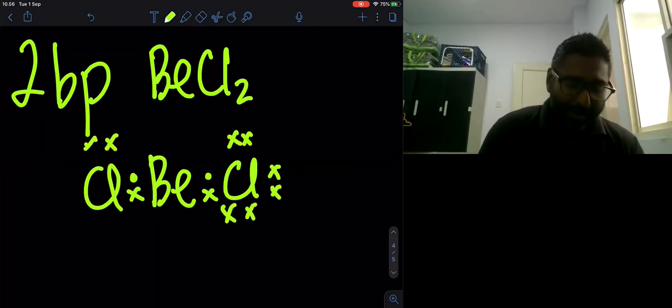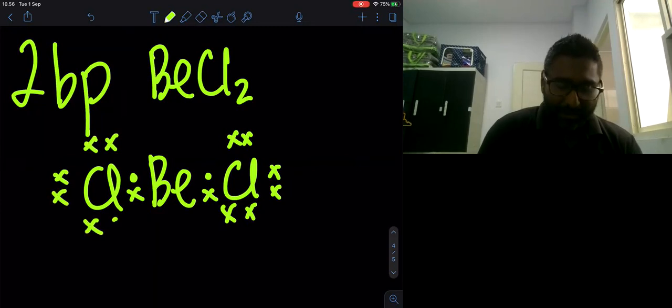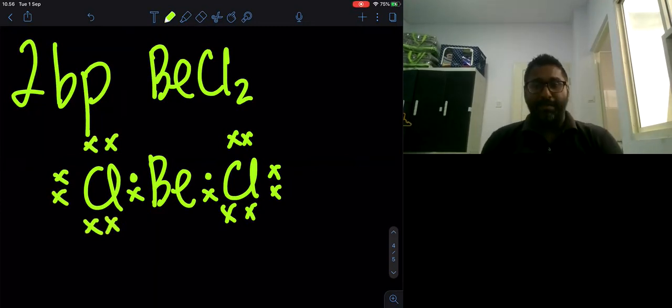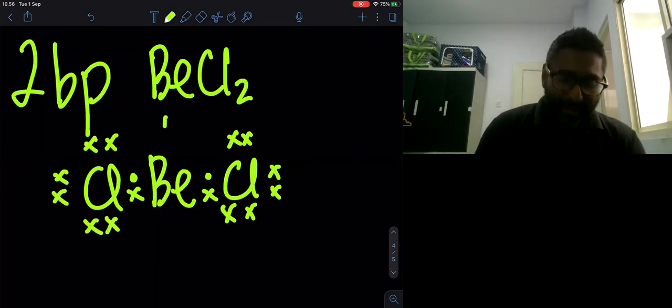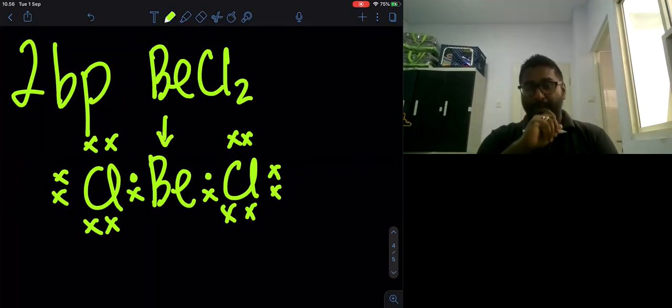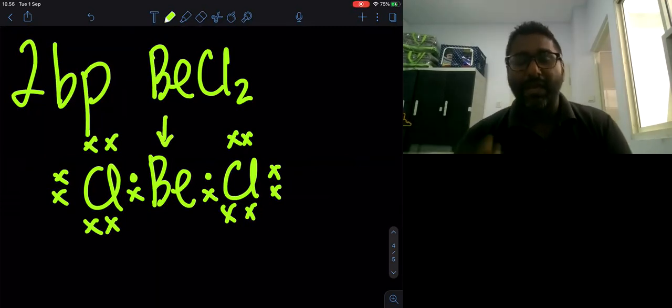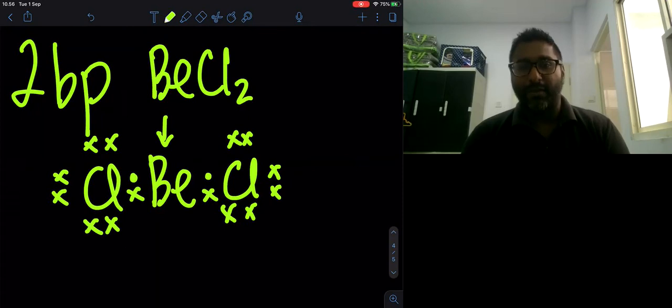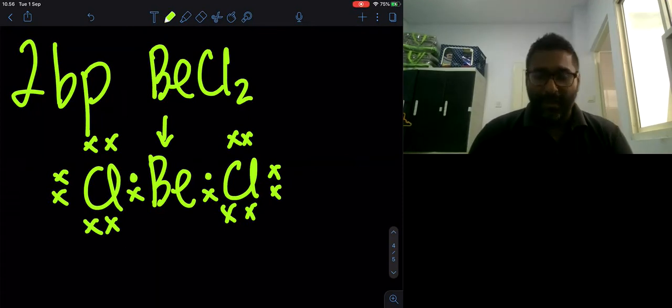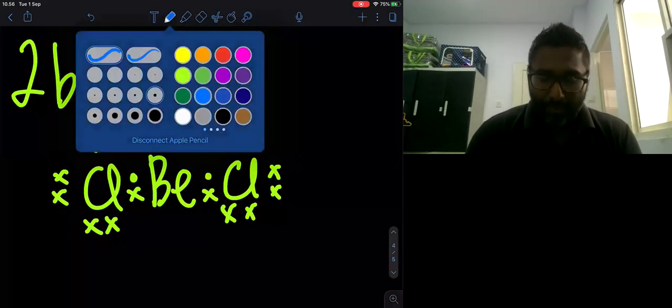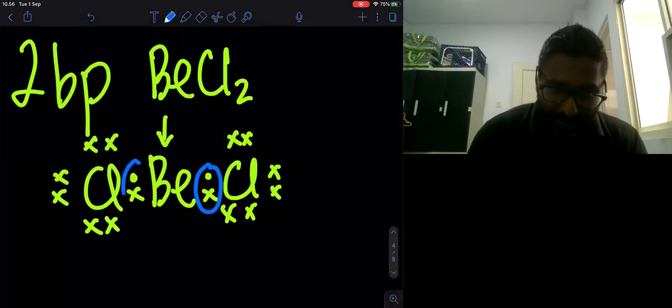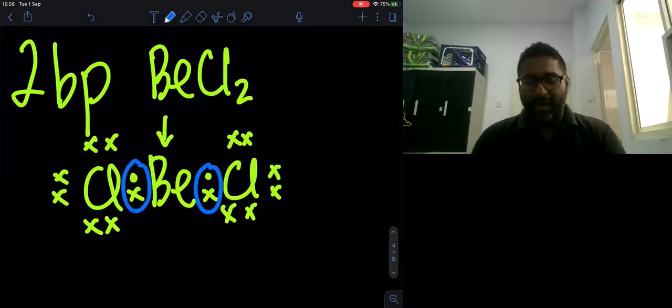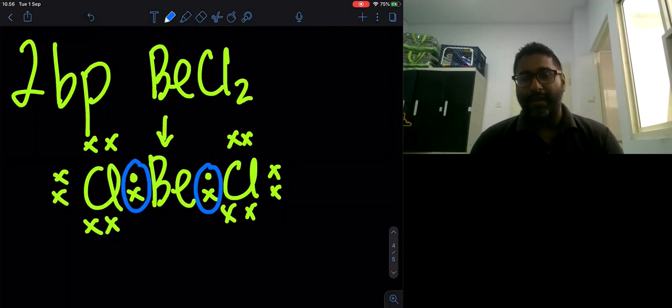When I determine the shape of a molecule, I determine it based on the center atom, and how many bonding pairs the center atom contains. The center atom contains only two bonding pairs over here. Ignore the lone pairs surrounding the Cl, because I want the bond angle surrounding Be and the Cl.